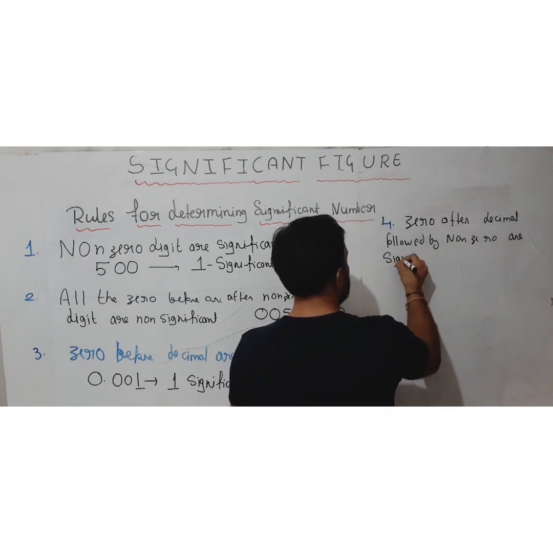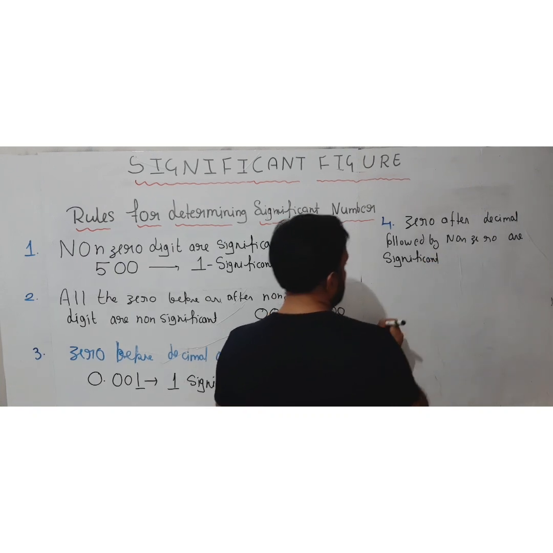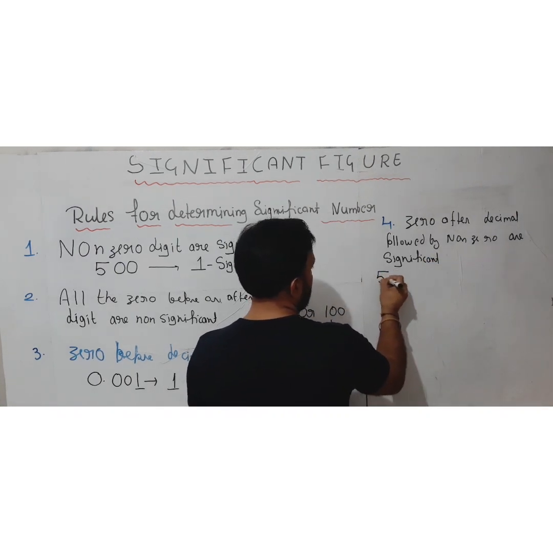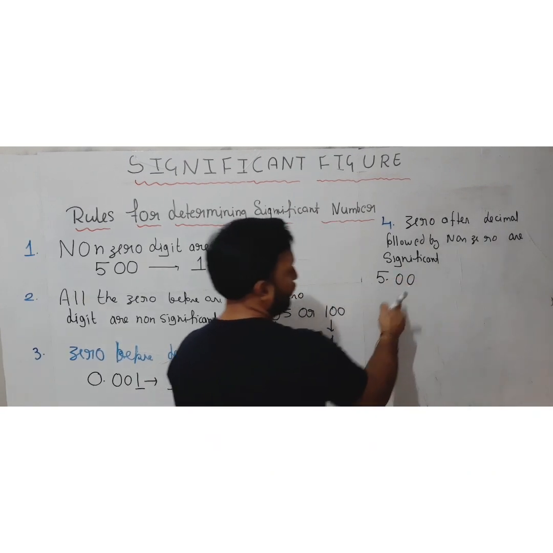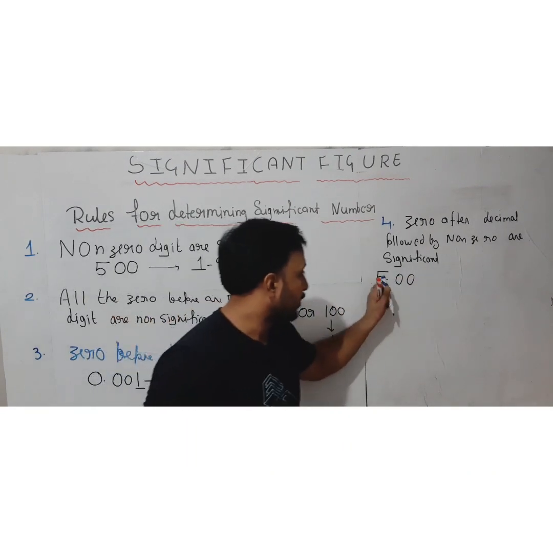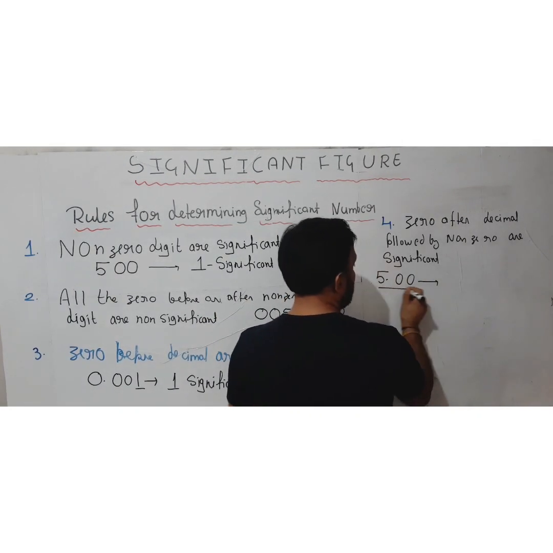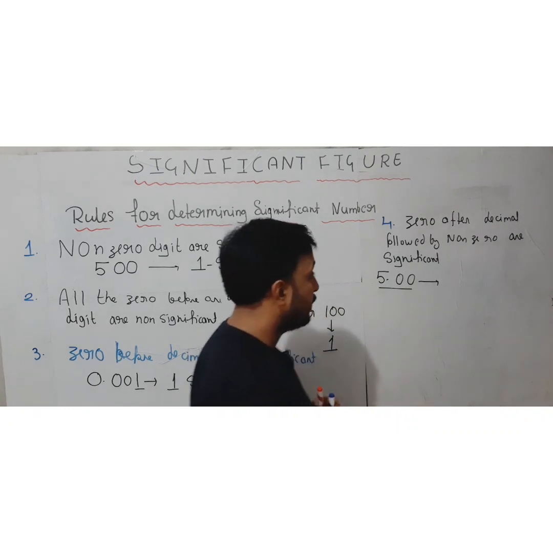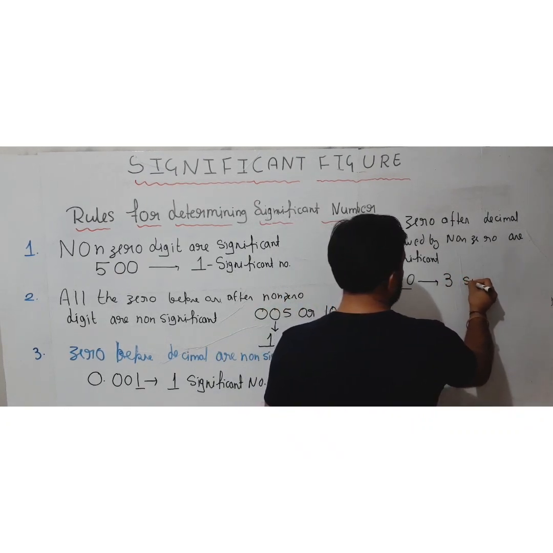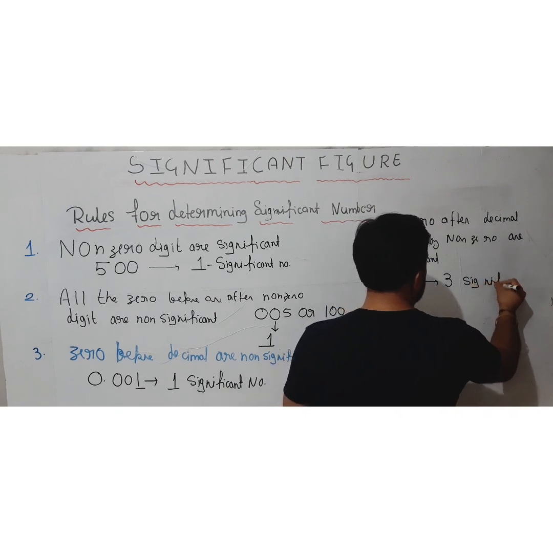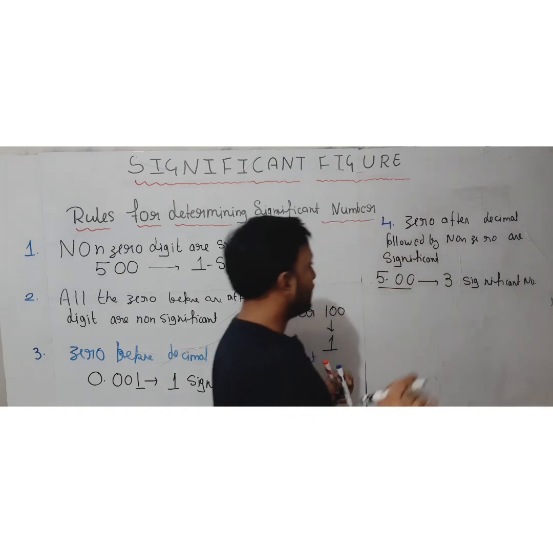They will be counted as significant. Okay, now what is the meaning of this? Suppose I am writing 5.00. Now in this case, these zeros are followed by a non-zero digit after decimals, so they will be considered, all will be considered significant. So here the number of significant figures will be 3. So there will be 3 significant numbers here. Okay, so that is how it should be.